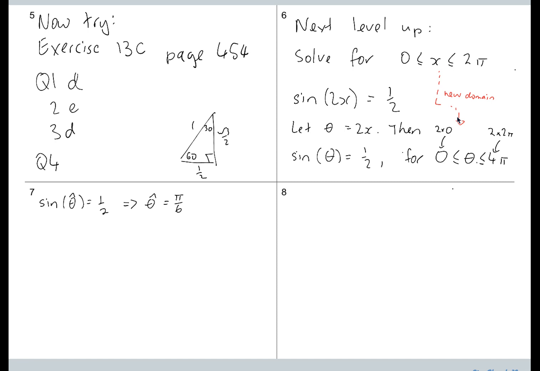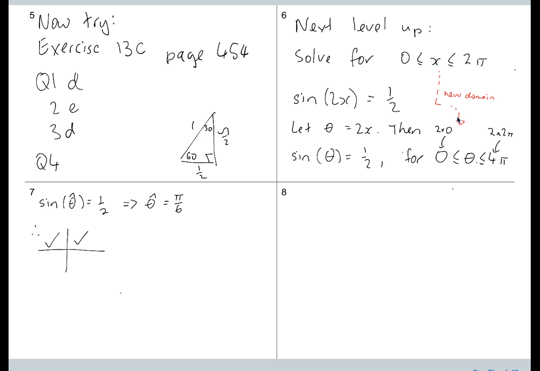30 degrees. I drew my little half an equilateral triangle there while you weren't looking so that I could remind myself of the angles. So therefore, what have we got? This quadrant, sine is positive, and this quadrant, sine is positive.